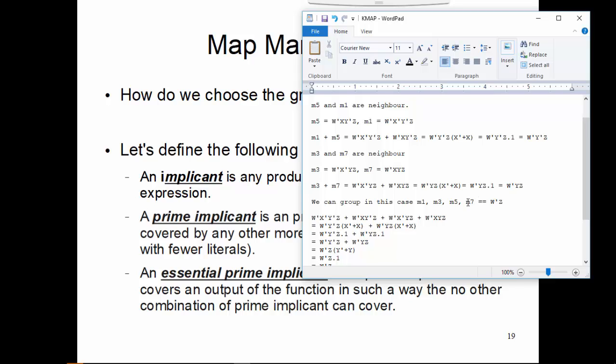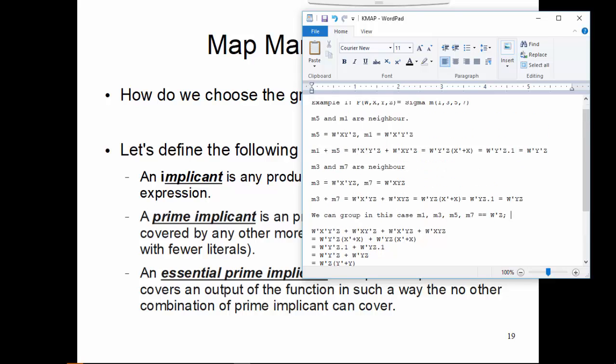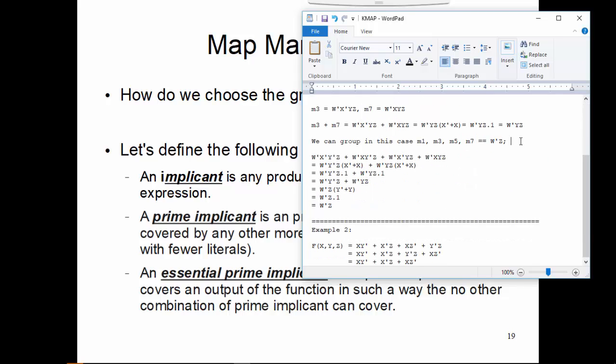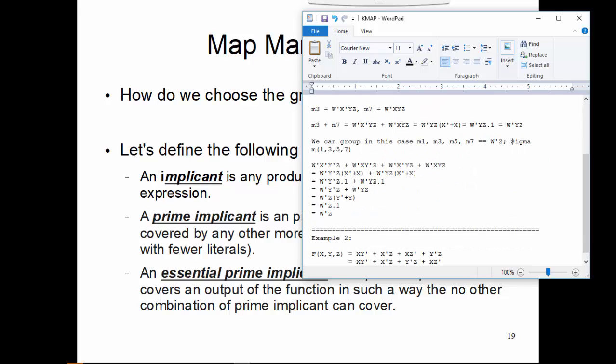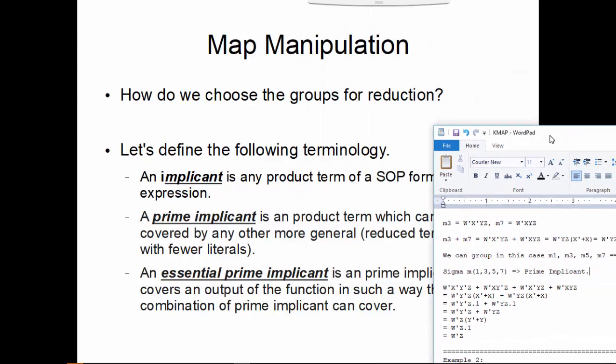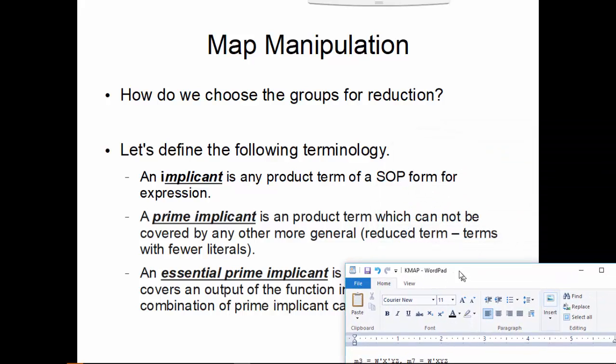My prime implicant term is W bar Z, or sometimes we represent it as an SOP formulation, sigma M3, which is also my prime implicant. Now, what it means in the slide, that it cannot be reduced to any fewer literals, is this.